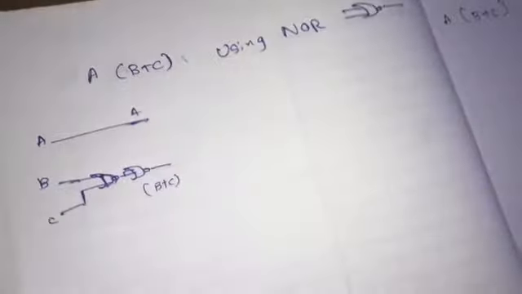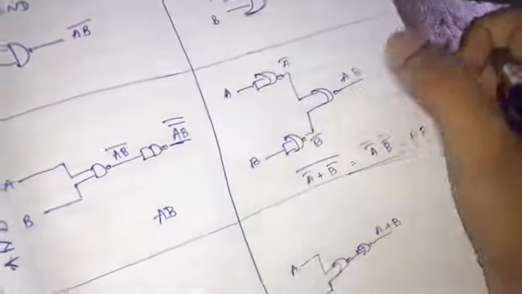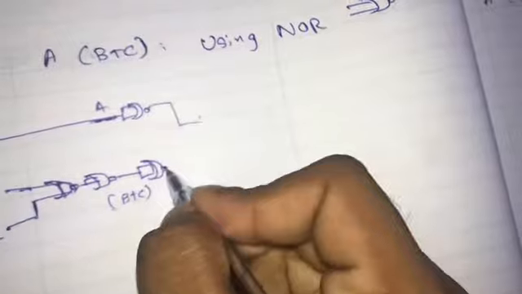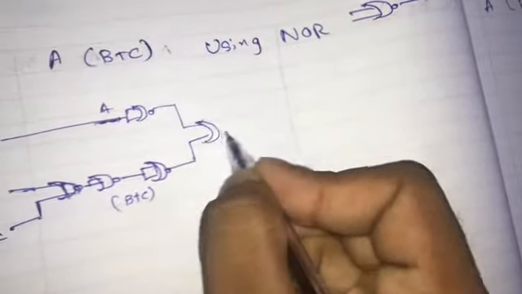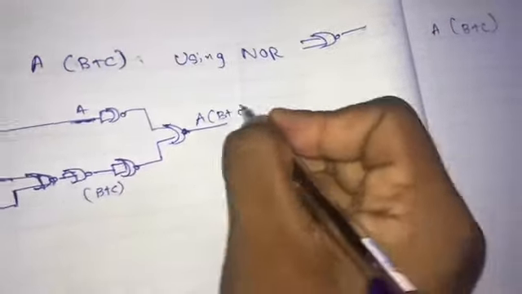So we send them separately through the gate and then we combine them. So now here we have A into B plus C.